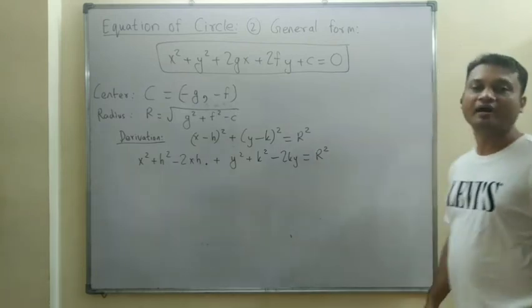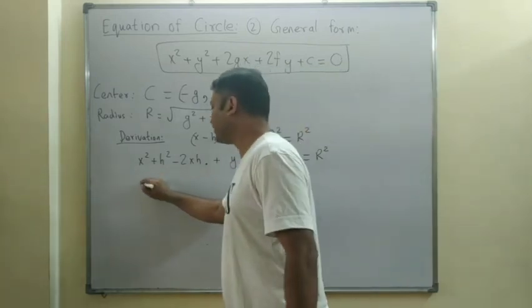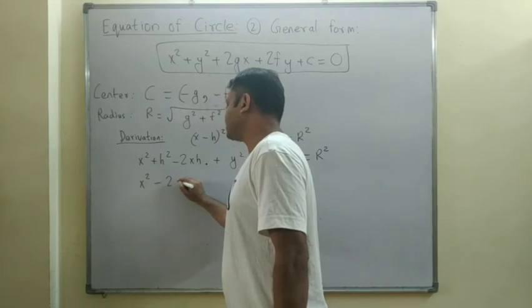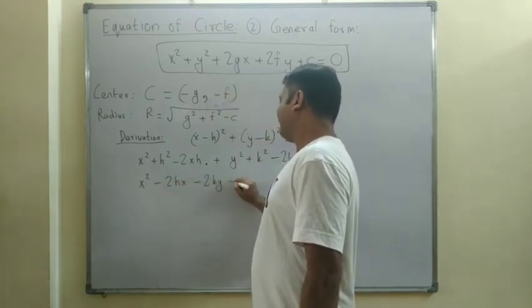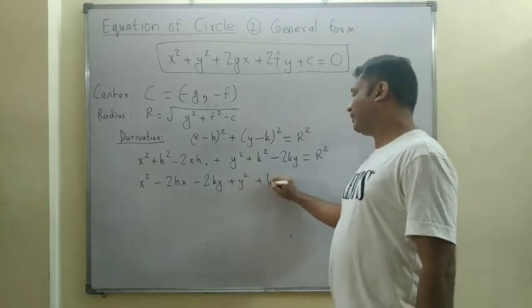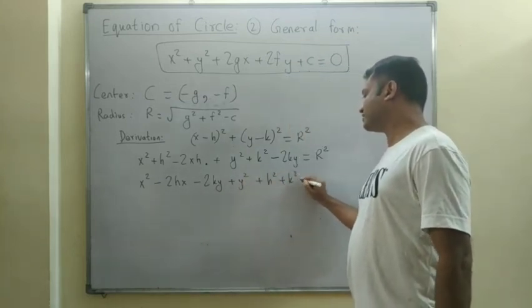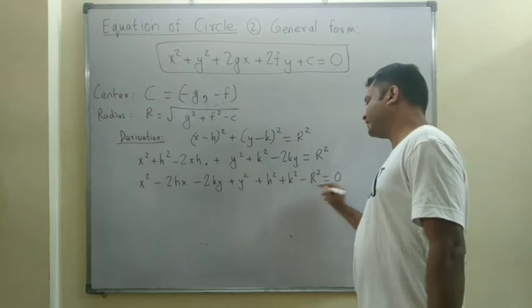This equals r square. So from this I can say x square minus 2hx minus 2ky plus y square plus h square plus k square minus r square is 0.